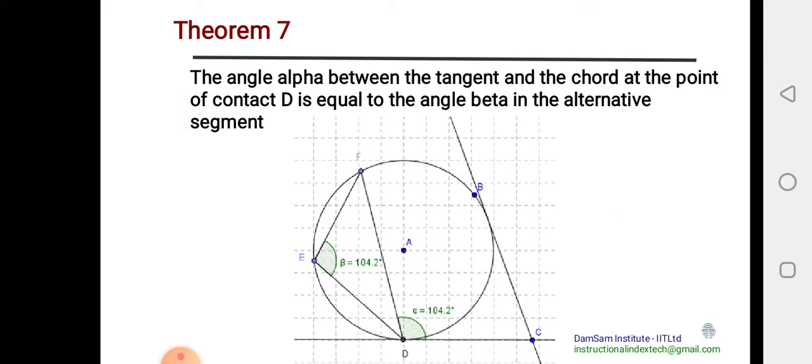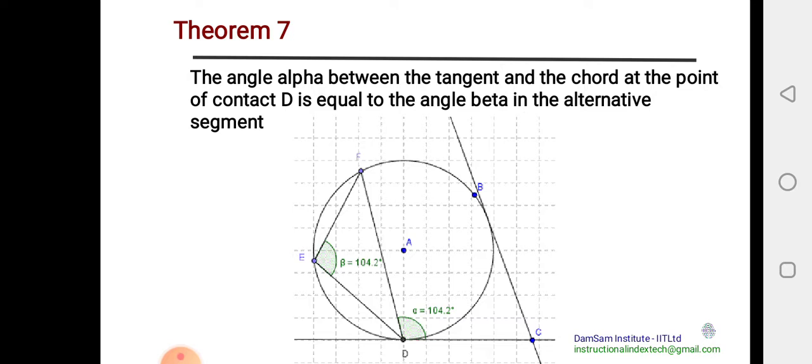The angle alpha, look at where angle alpha is located, down here at point D. The angle alpha between the tangent and the chord, take note of it very carefully. We have tangent CD and we have chord DF. So the angle alpha between the tangent and the chord at that point D is equal to the angle beta in the alternate segment.